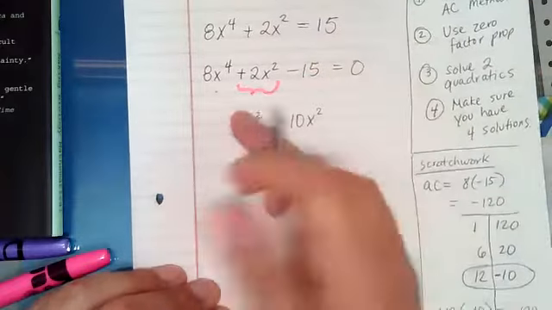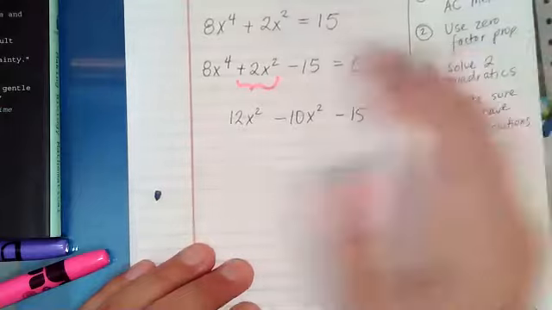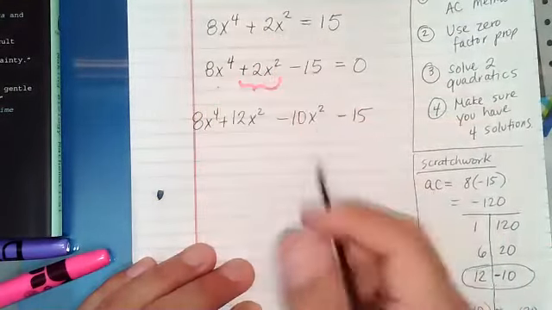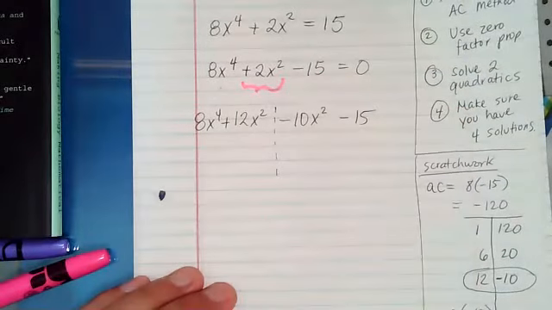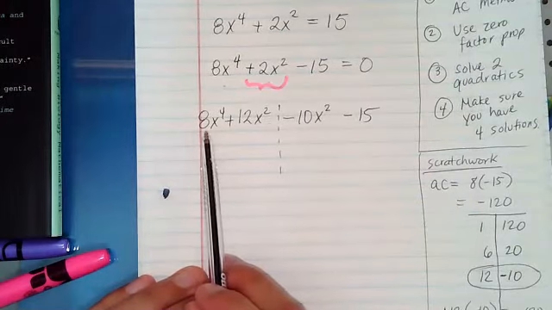Usually I like the positive number first, but if you're just whipping through this, this is fine. You're going to end up in the same place. That's positive. We're going to factor by grouping. These two terms, what do they have in common? Their greatest common factor is a 4.